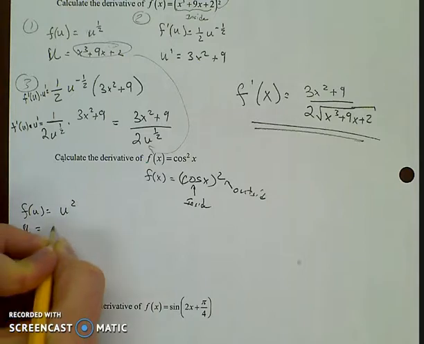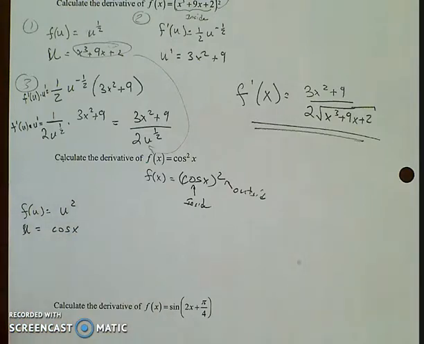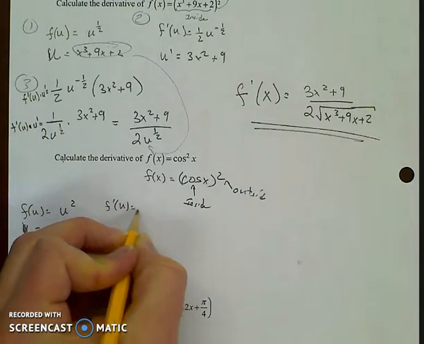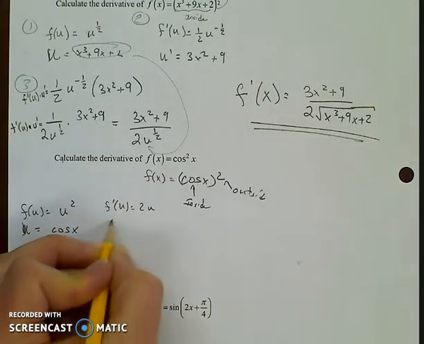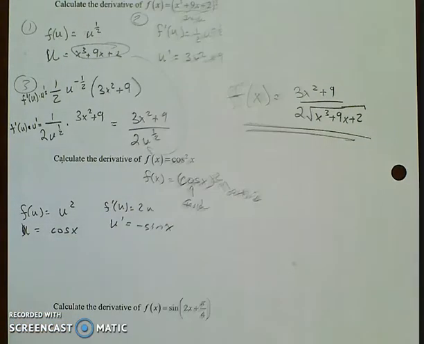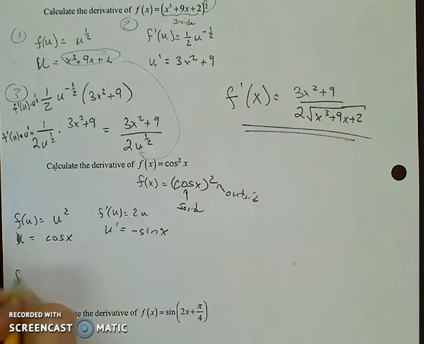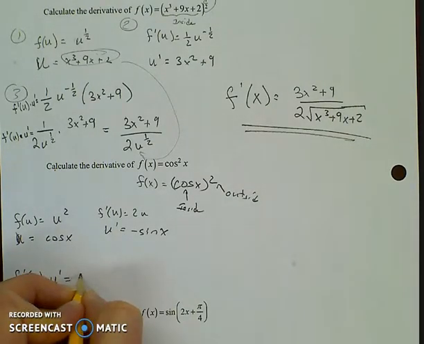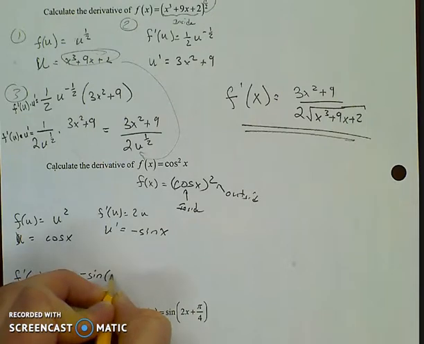U is cosine x. Take the derivatives of those, it is 2u. Take the derivative of u prime, negative sine x. Multiply those together, is negative sine x times 2u.